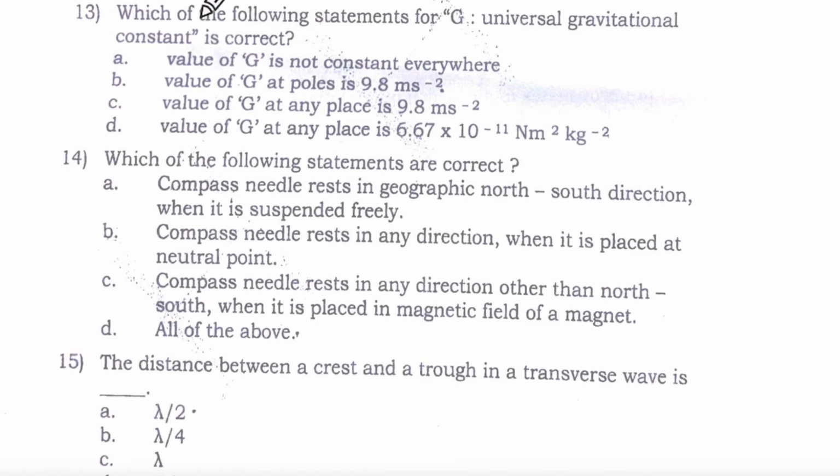Good girl. Which of the following statements for G, universal gravitational constant, is correct? Come on, where is gravitational constant? This always becomes a little confusing for many of us. Come on, open that page where there is G. What page is it on? Quickly turn to that page. Page number 83.